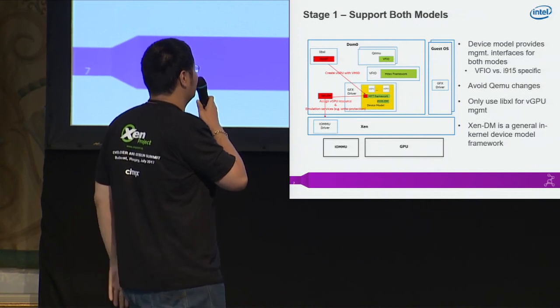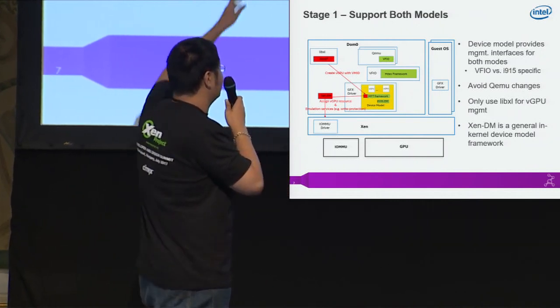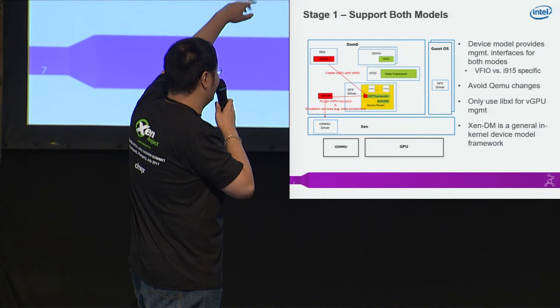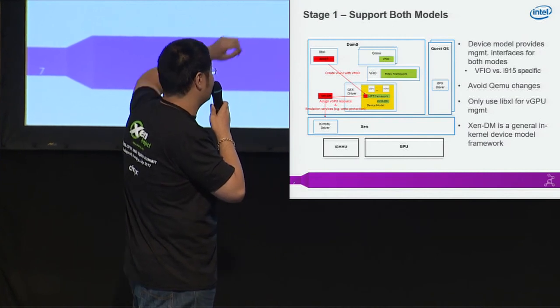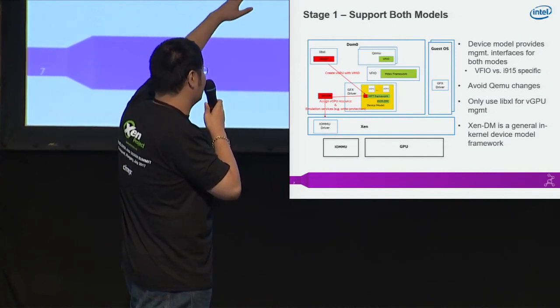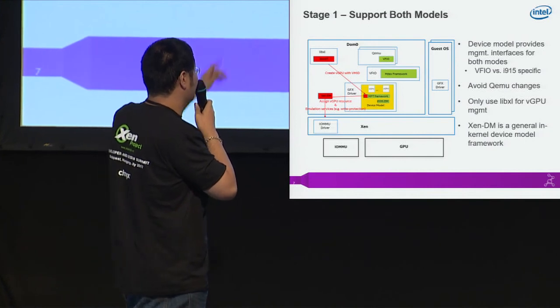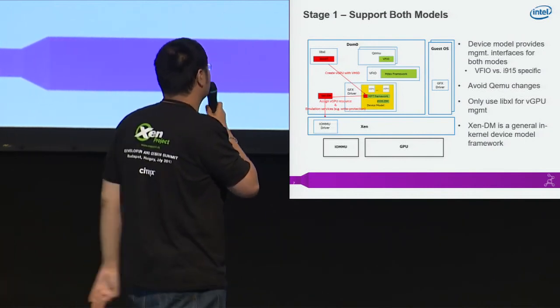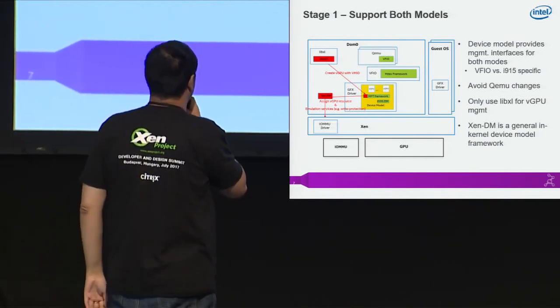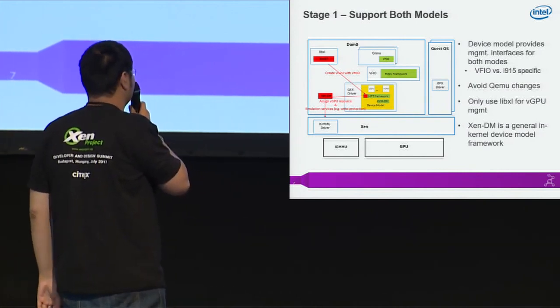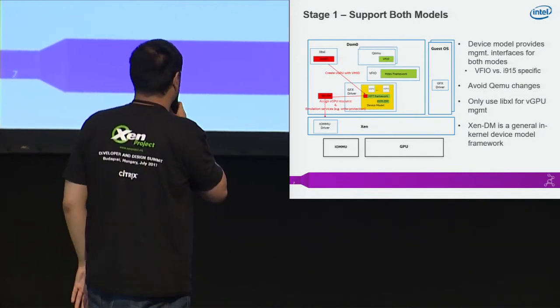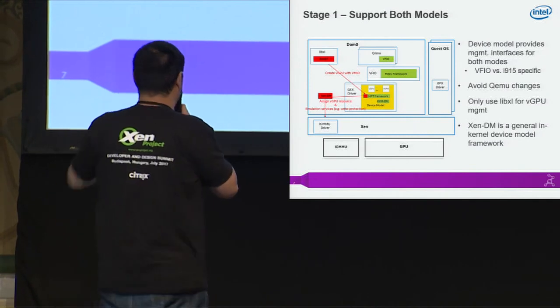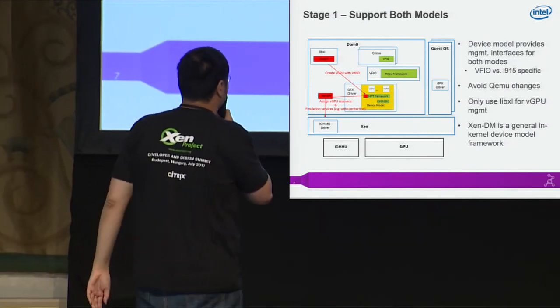And also, in KVM, we will work in the new path, on the right side. We still work with VFIO and something like that. So mostly we are going to use libxl to manage the vGPU lifecycle, and everything works like before.